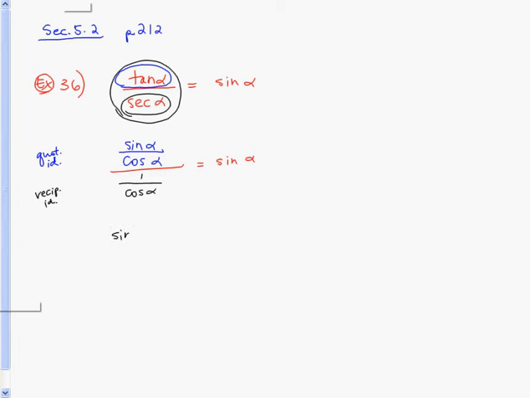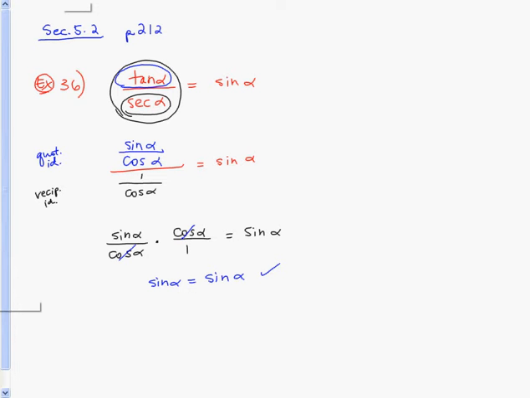When you divide fractions, you keep the first fraction, that is sine of alpha over cosine of alpha, you multiply, and then you reciprocate the second one to join those together. So on the left-hand side, I'm just working to multiply these together. Cosine of alpha divided by cosine of alpha is 1. So I have sine of alpha over 1, which is just sine of alpha. And since sine of alpha equals sine of alpha, I have verified this trig identity. That was very straightforward, not too bad.